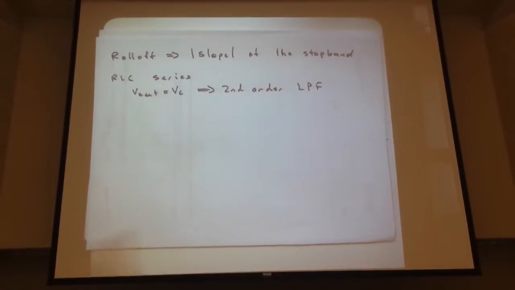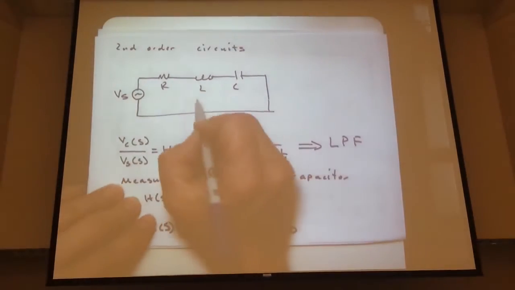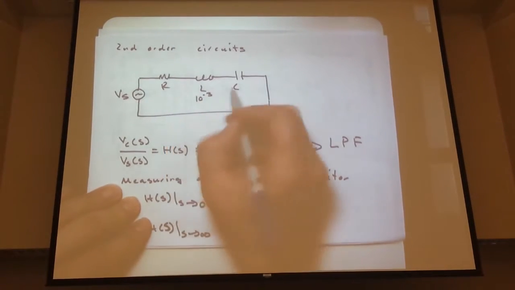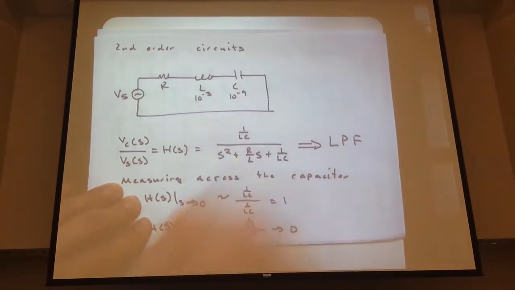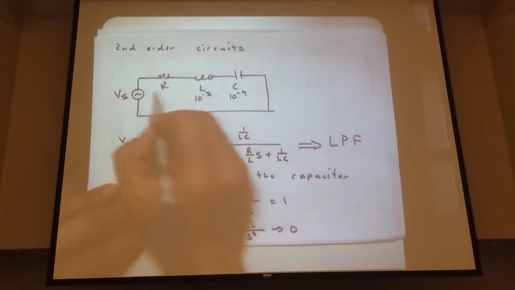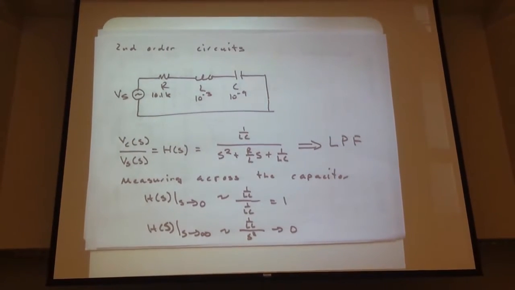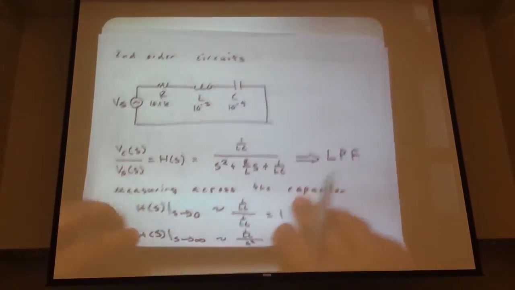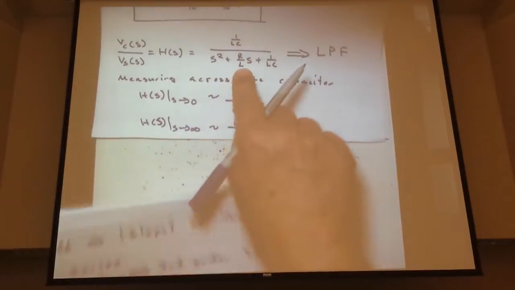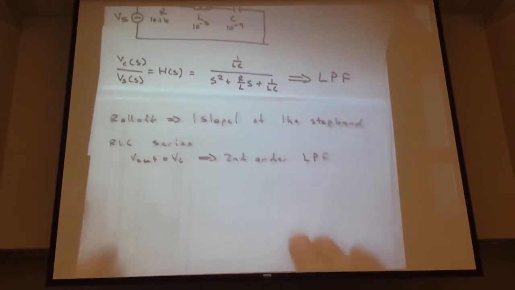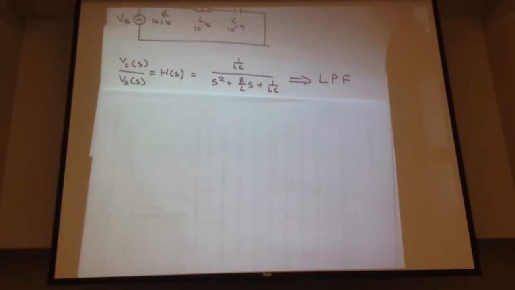So I gave us some values. We have 10 to the minus 3, 10 to the minus 9, and then this was 10.1 K. And we can plug things in there into our little expression, our transfer function. Let's put this guy aside and bring it back.